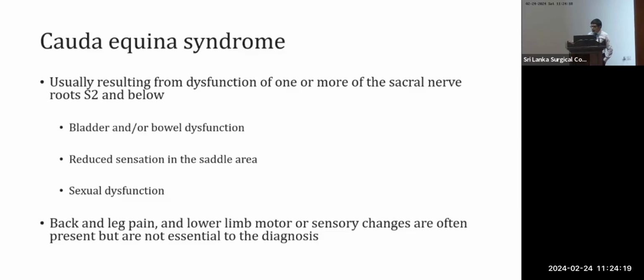So this conus and the cauda equina lie close to each other. So cauda equina and conus medullaris syndrome may overlap, and sometimes it may be hard to differentiate. But there are some classical differences, though it is not a universal rule, or you may not always see it.